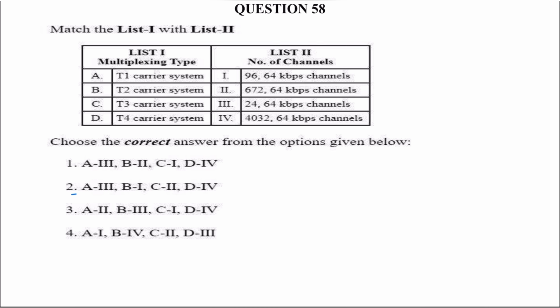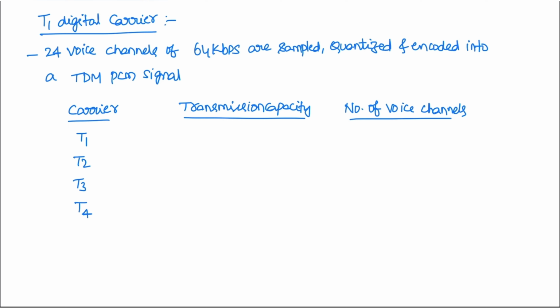In a T1 digital carrier, 24 voice channels of 64 kbps are sampled, quantized, and then encoded into a TDM pulse code modulation (PCM) signal. For the T1 carrier, the transmission capacity is 1.544 Mbps.